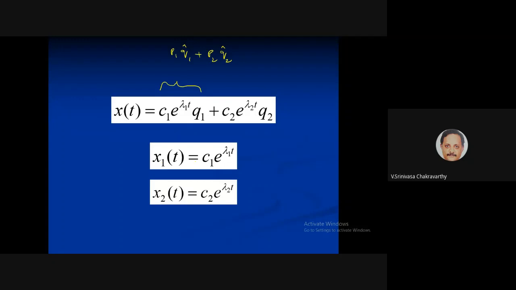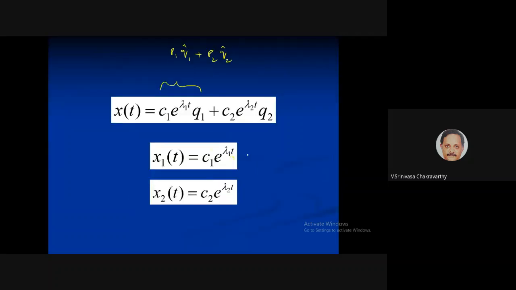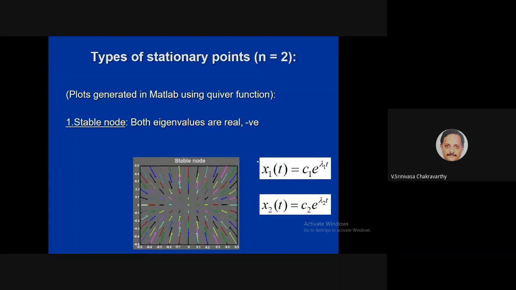Therefore, I define x1 equal to c1 into e power lambda 1 t times q1. So this is the x1 component of it. The x2 component of it is c2 into e power lambda 2 t. So this is in the direction q1, and this is in the direction q2. This is a component along these two directions.